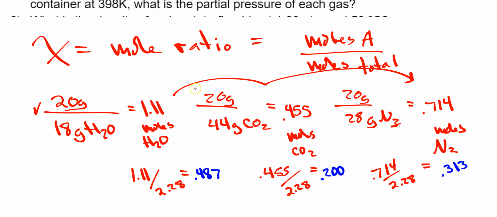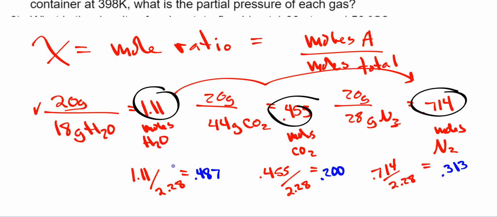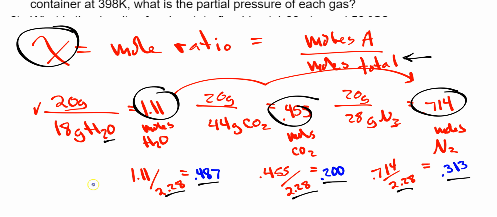So what I went ahead and did is I added these 3 numbers to find the total number of moles, and it's this 2.28, and that's the denominator each time in my mole ratio calculations. So then I already had the numerator. So moles of A in this problem is moles of H2O divided by total, and then CO2 divided by total, and then N2 divided by total. And I got these 3 values, all right, and those are the mole ratios, or the little goofy looking X.